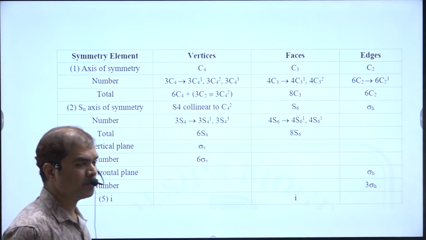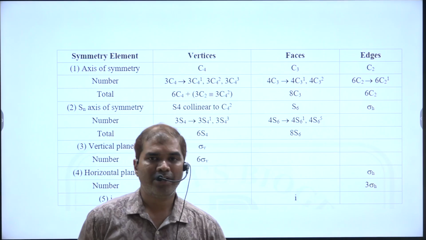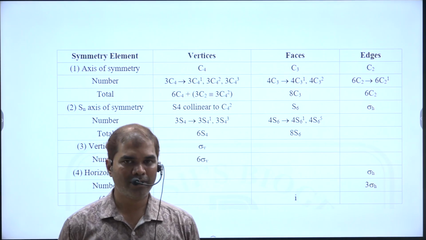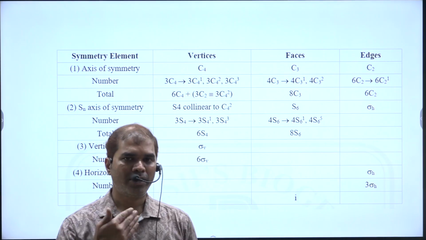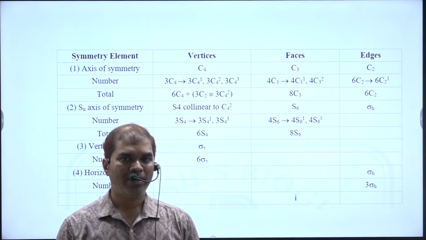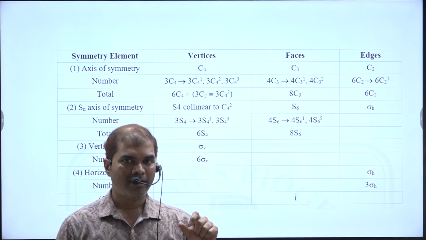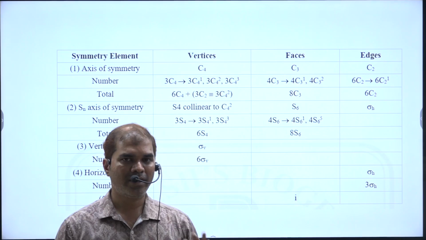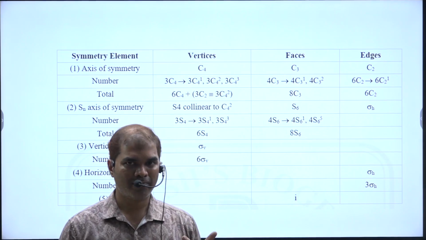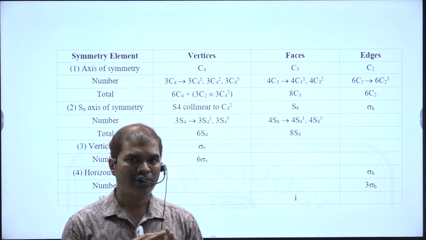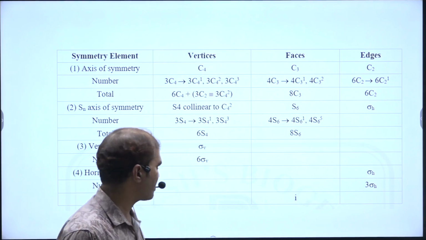Because in an octahedron there are 48 symmetry operations, and if I just show a polyhedron, it is very difficult for the student to understand where the rotational axis is passing from. But all that content has been explained and tabulated so that you can very easily understand where the element is passing from and how you should proceed. So this is like a supplement for the classroom teachings.